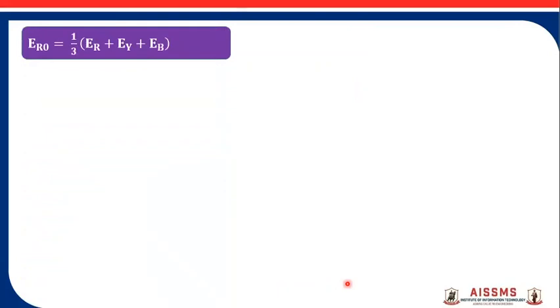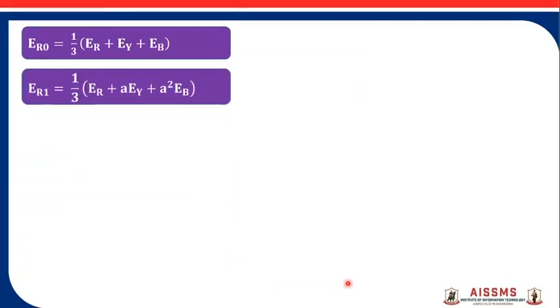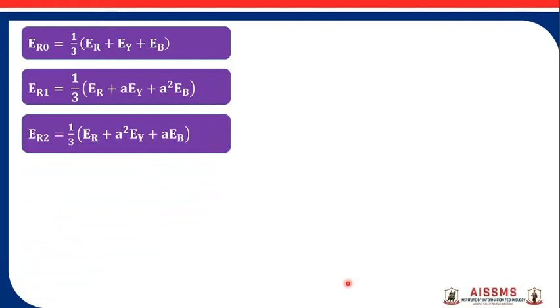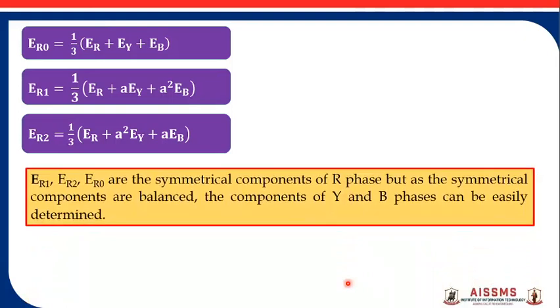So we have E_R0 is 1 by 3 (E_R plus E_Y plus E_B), E_R1 is 1 by 3 (E_R plus a into E_Y plus a square into E_B), E_R2 is 1 by 3 (E_R plus a square E_Y plus a into E_B). So E_R1, E_R2 and E_R0 are the symmetrical components of the R phase, but as the symmetrical components are balanced, the components of Y and B phase can be easily determined.